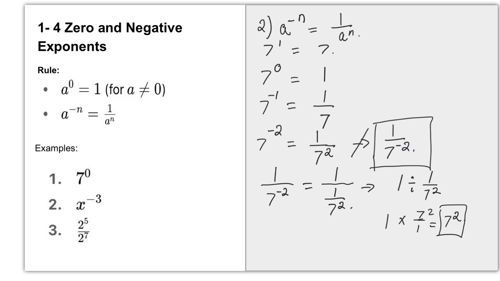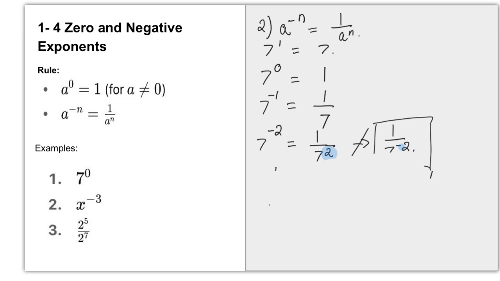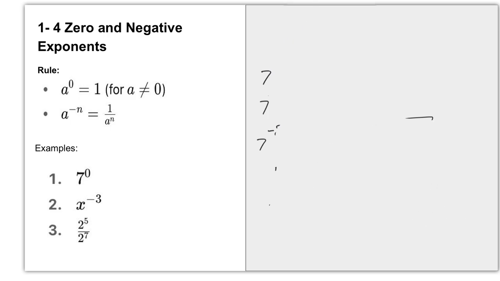This part was a bit confusing. Don't worry about it. As long as you remember that when you're simplifying, you're writing 2, not -2, you'll be fine. Let's go ahead and do another example. Our second example here is x raised to the -3rd power.